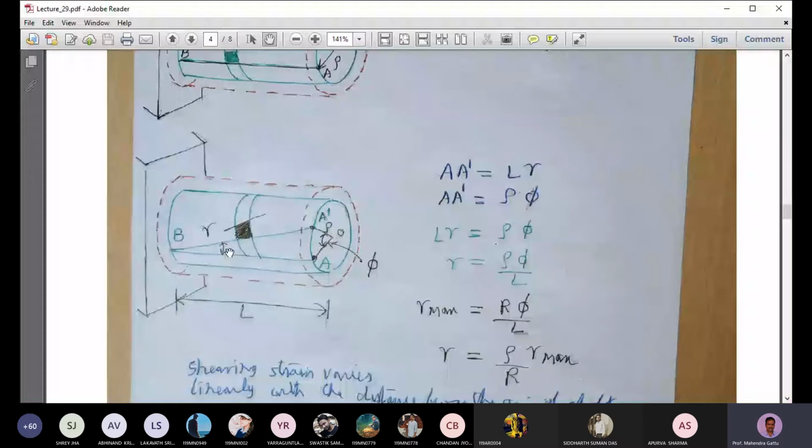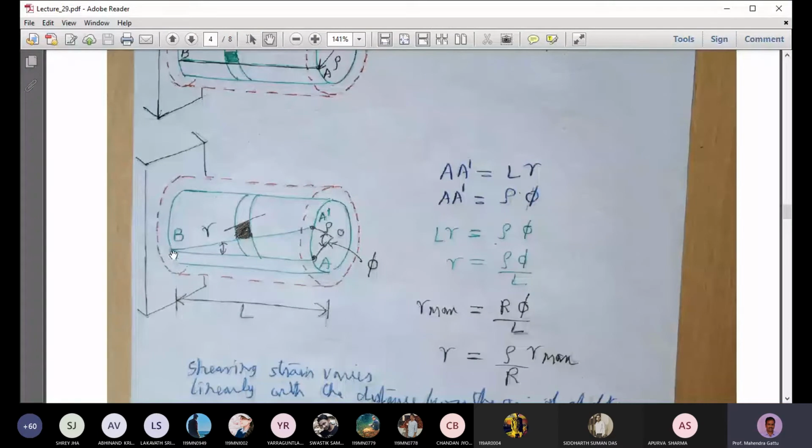So we can use our simple geometry relations. We can find the length of A A prime in terms of rho, phi, gamma and L. For this circle, A A prime is an arc of the circle, so it is radius times angle. The radius is rho and phi is the angle subtended, so we have rho times phi.